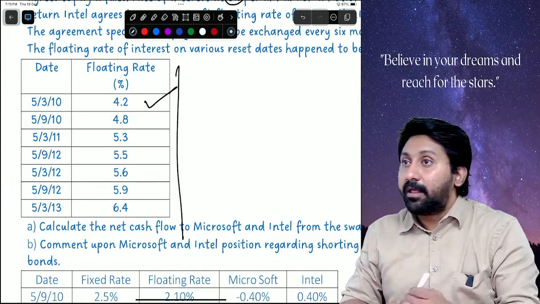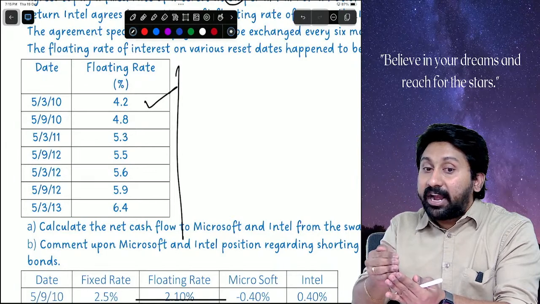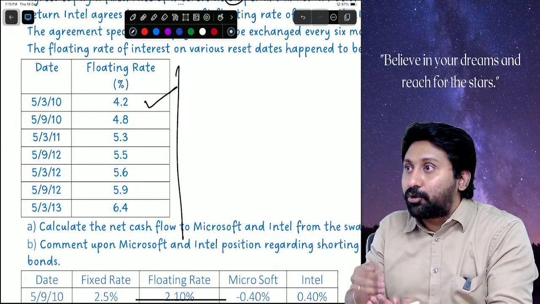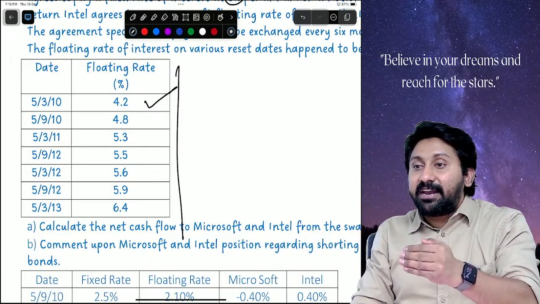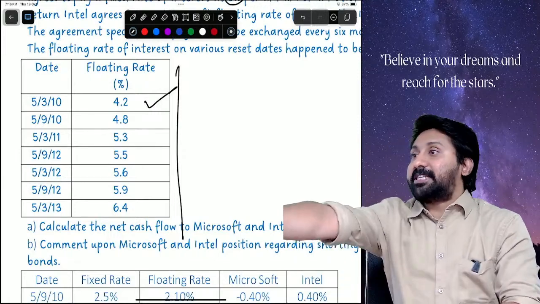You pay after 6 months. The 4.2 rate is fixed on 5/3/2010, but you will pay that after 6 months. That means whenever interest is fixed, the previous interest will be paid after 6 months.